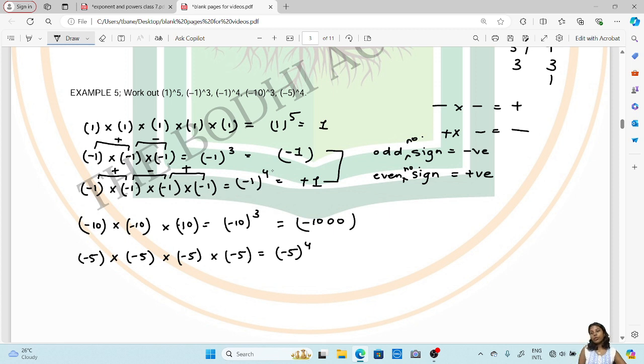Then 25 into 25 will be how much? 5 5s are 25, 5 2s are 10, 12 plus 5 2s are 10, so 4, 5, 625. So we'll get 625. And it will be positive. Why? Because the power here is an even number.